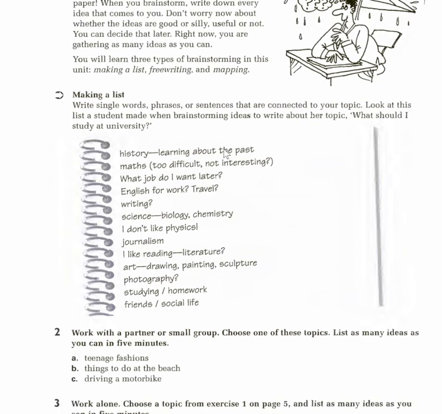I gave examples for each topic, but in 1 minute, not 5. I need 5 minutes per topic so that I can give as many ideas as possible. But I just gave you some examples for each topic.